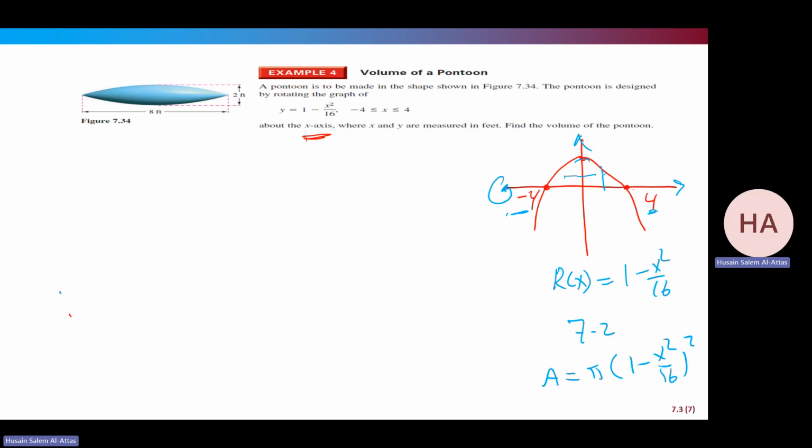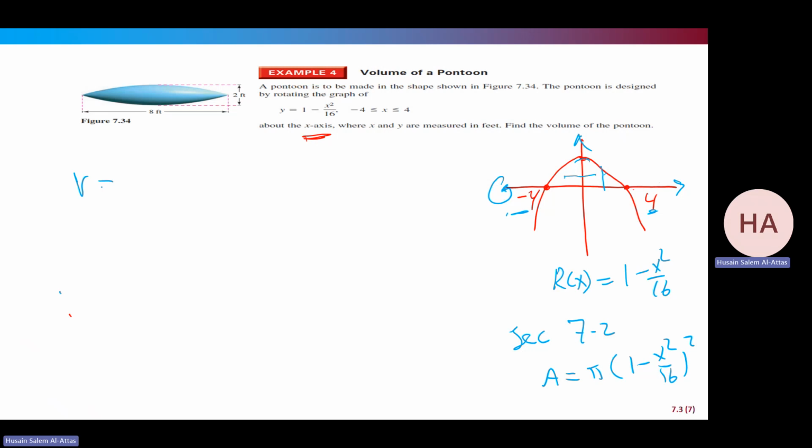So this is the way you need to think about it. Which one is better? I need the line parallel to the axis of revolution, or perpendicular to the axis of revolution. In this case, I think it's better to do it using the 7.2 method. Okay, so I'll do it.